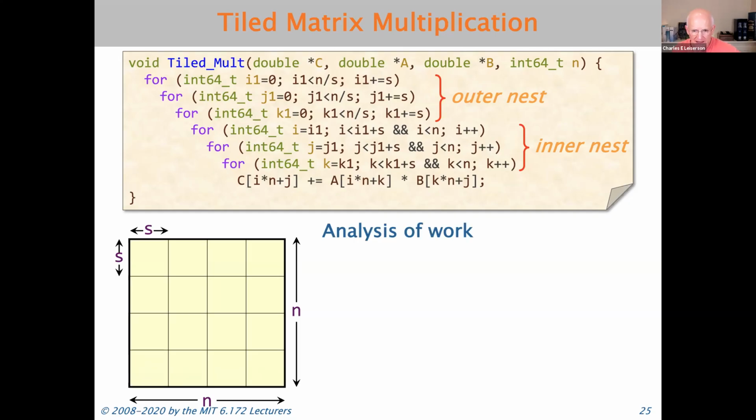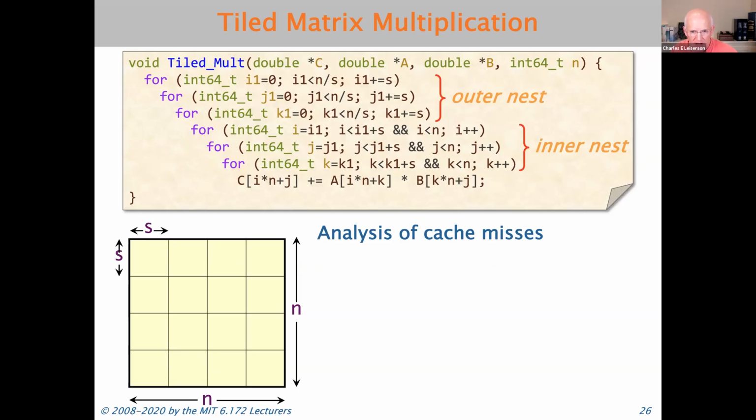To analyze the work, not too surprisingly, multiplying each pair of tiles costs us S cubed, but there are n over S by n over S tiles, and to multiply them costs us n over S cubed. When you multiply that through, we get n cubed. So the work is still fine. When we analyze cache misses, we actually get a dramatic improvement.